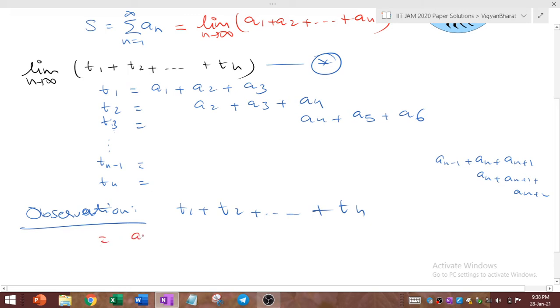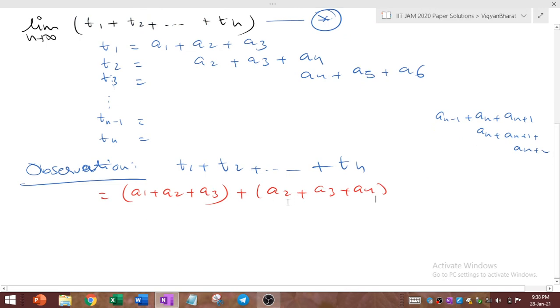T1 is A1 plus A2 plus A3. Now here I am going to group these terms into brackets so that you can easily calculate. Then A2 plus A3 plus A4. The next term will be A4 plus A5 plus A6. Likewise, finally, the last term will be A(n plus 1) plus A(n plus 2).